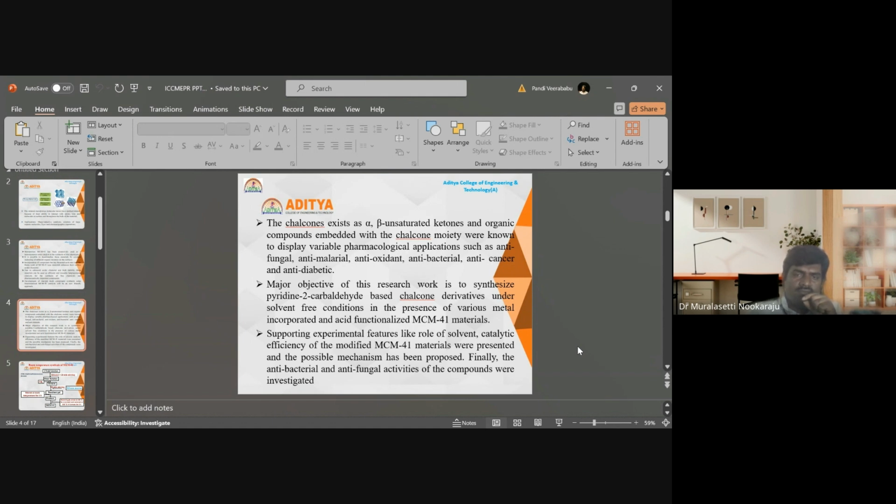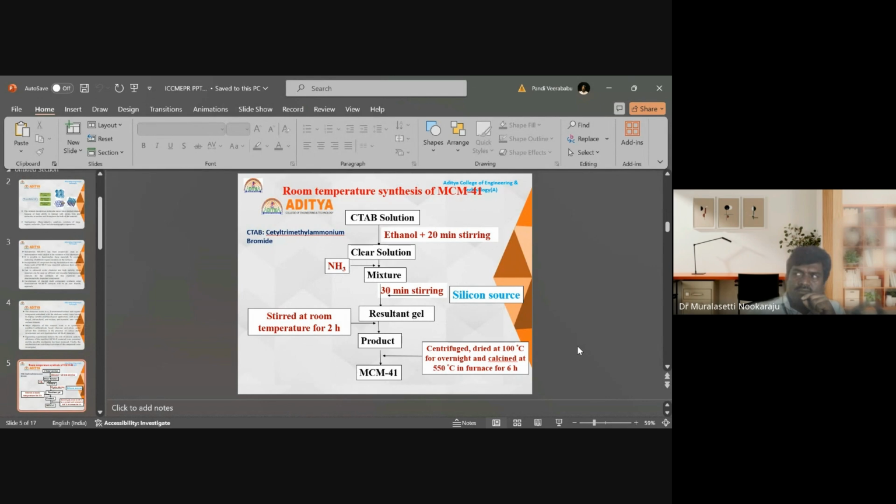So here we have synthesized MCM41 materials by a room temperature co-precipitation method using CTAB as a surfactant.